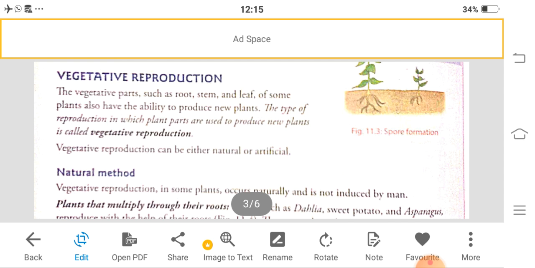These also have the ability to produce a new plant.